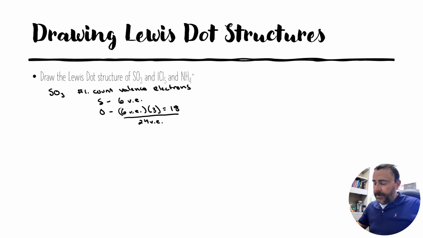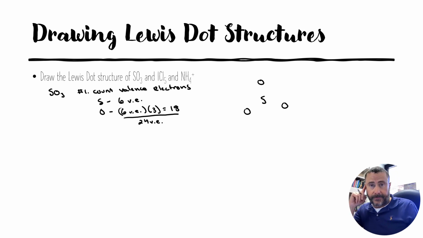Now what we do is put that sulfur in the middle, and then we're going to surround it by other things, the oxygens in this case. Because sulfur was the first one listed, and it's not a hydrogen, we're going to put it in the center. Now we're going to draw single bonds to the elements on the outside.